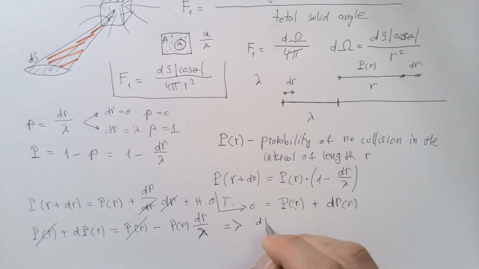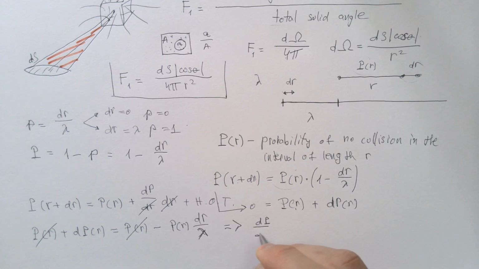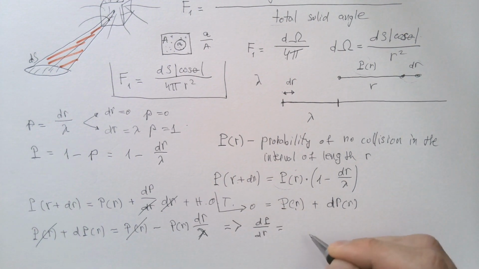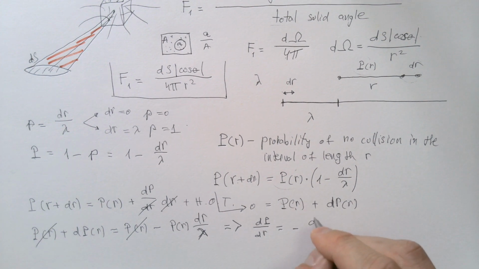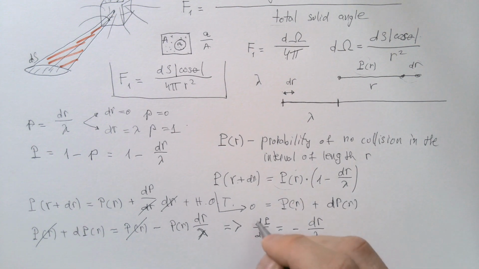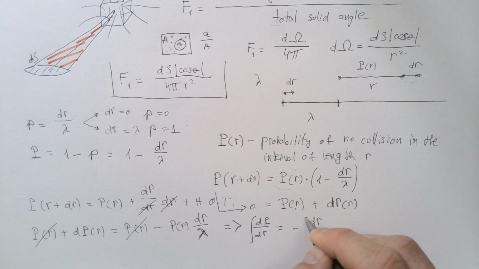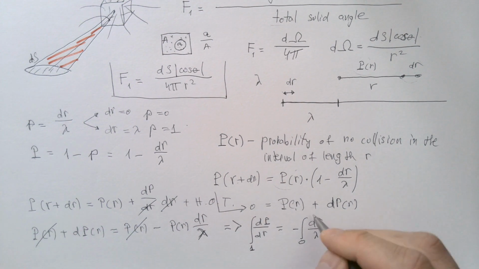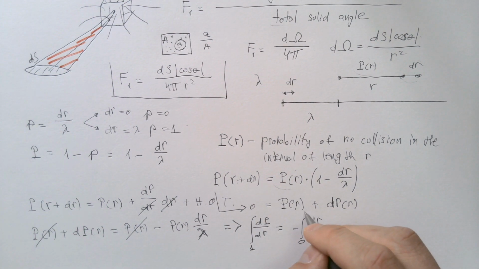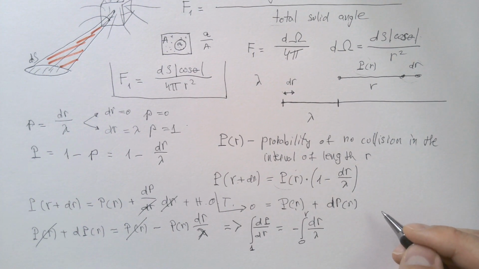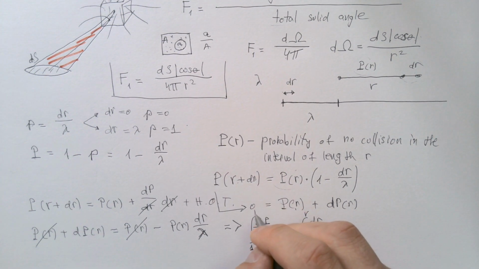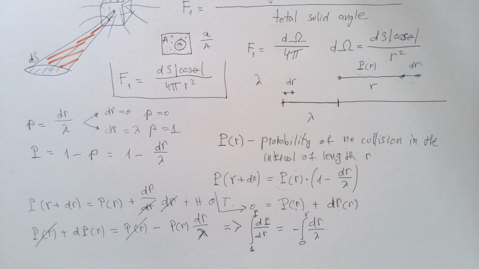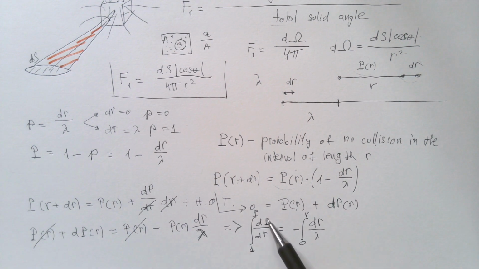So dP over P is equal to negative dr over lambda, where lambda is constant. So I can integrate this. When r is 0, probability of no collision is 1. And when we have some arbitrary distance r, then the probability of no collision is some capital P. Of course, mathematicians would hate this.